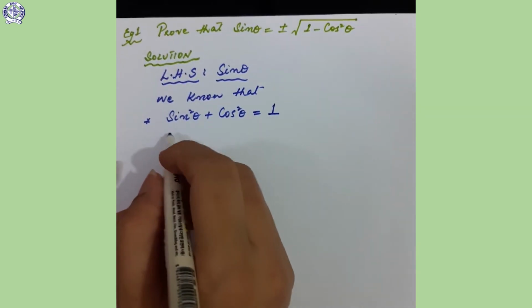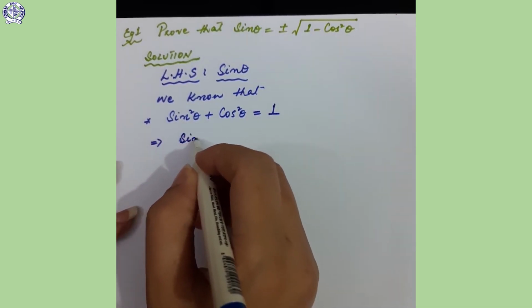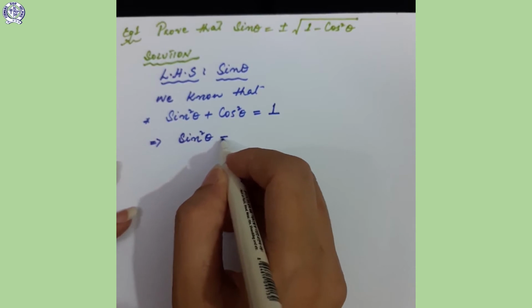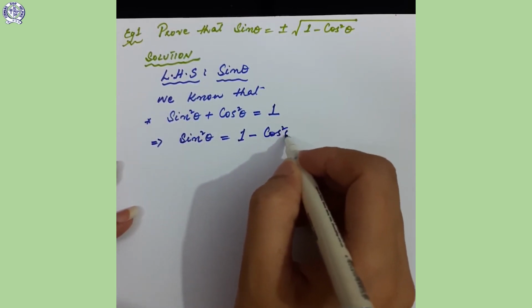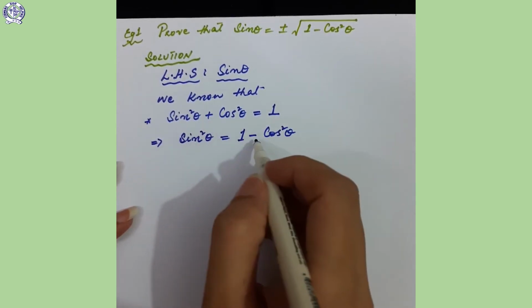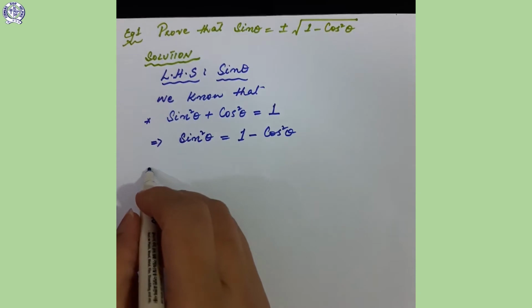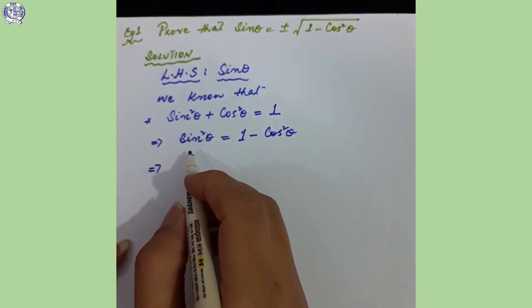So we'll keep sine on one side: sine square theta equals 1 minus cos square theta. Shift cos square theta after the equals sign, so plus will change into minus. And required is only sine, so we will take root on both sides.